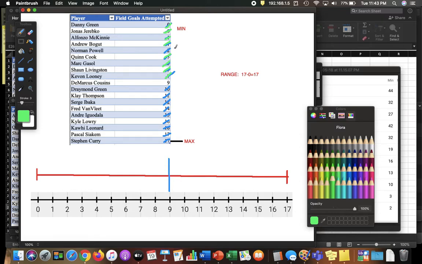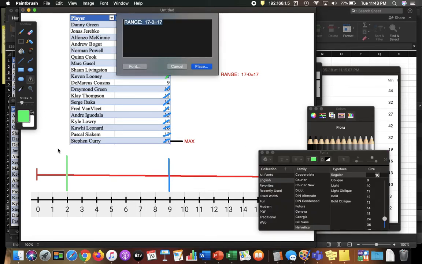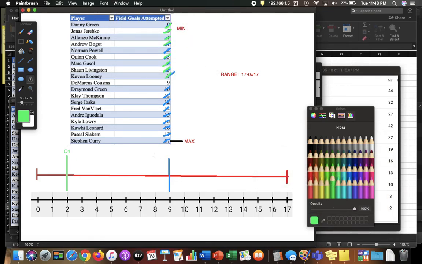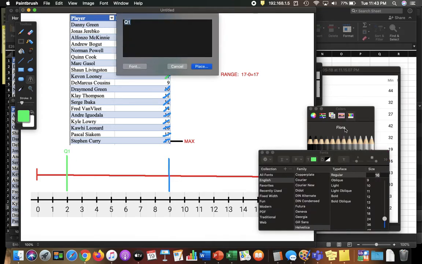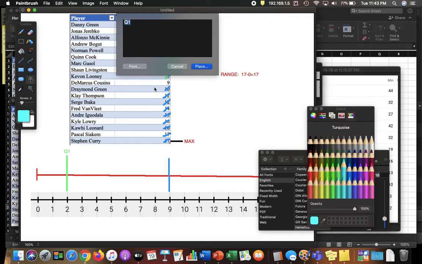Norman Powell is number 2 with 2 baskets, is Q1. I am going to do this in green, and I'm going to start my box here. This is Q1. So just so we know we're on the right side here, Q1 is here. I am going to make that median or Q2.